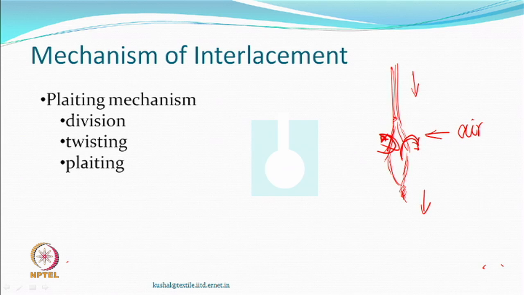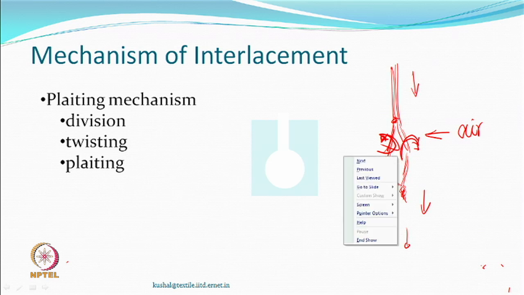So, the twist can form here, the twist can form here, because they are close, they can overlap, intertwine. So, when the yarn is coming down, this portion anyway goes out, this portion is now a little more compact. As it moves into this zone, it does not open the way you like to open.